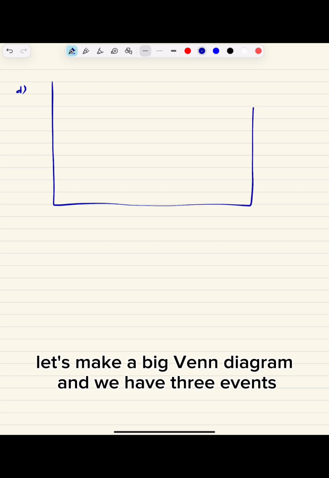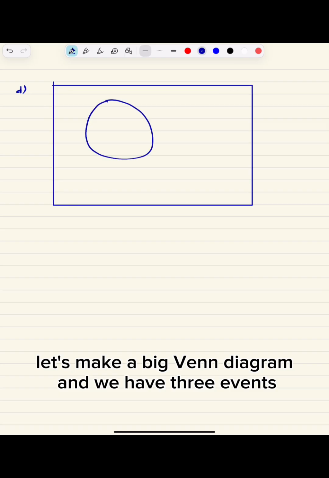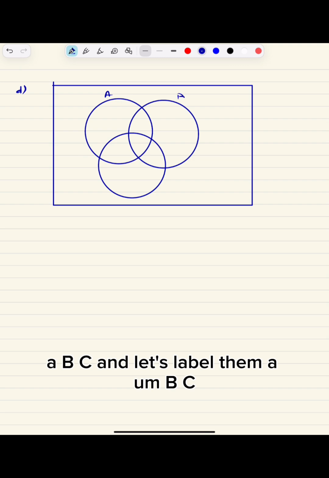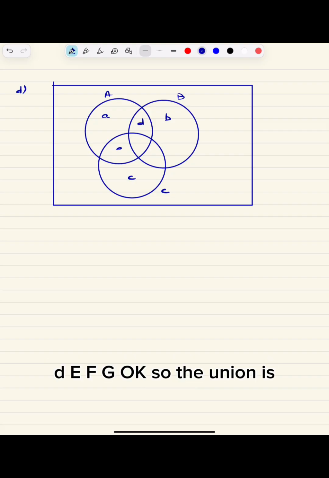Let's make a big Venn diagram. We have 3 events, A, B, C, and let's label the regions A, B, C, D, E, F, G.